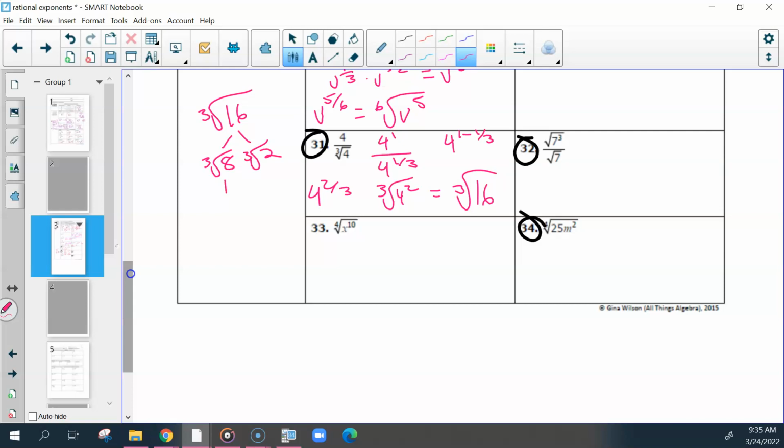Cube root of 8 would be 2. So if you have numbers, I would definitely check them, because 4 over the cube root of 4 being 2 times the cube root of 2 is mind blowing.